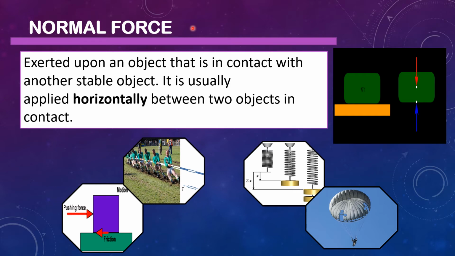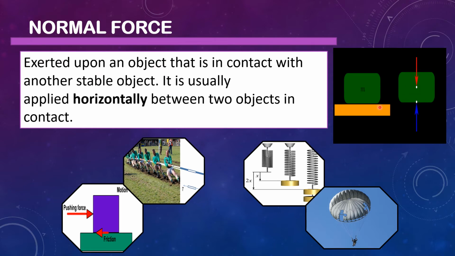Let us have normal force, exerted upon an object that is in contact with another stable object. It is usually applied horizontally between two objects in contact. Okay? So when you say horizontally, it is here. And the clue word here is an object that is in contact with a stable object.